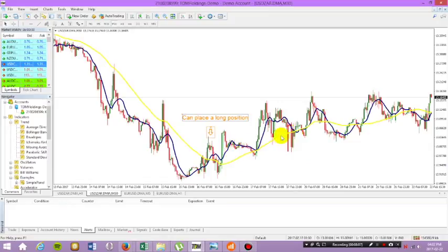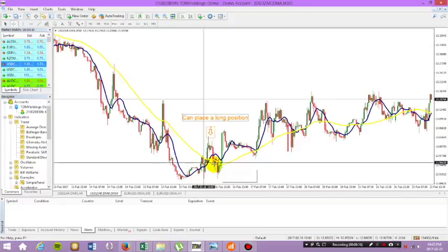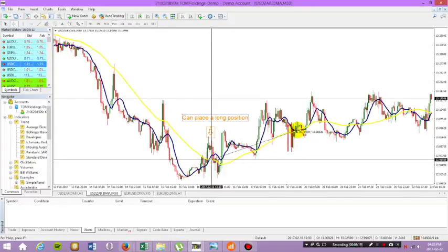Now once it's already happened, it's easy to see, okay, I would have done this, I wouldn't have done that. If you were more conservative, you still would have made money if you had exited here. As you can see, just on the cross, you get about 900 pips, 9,000 points, which is just about 1,000 rand, which is good enough.